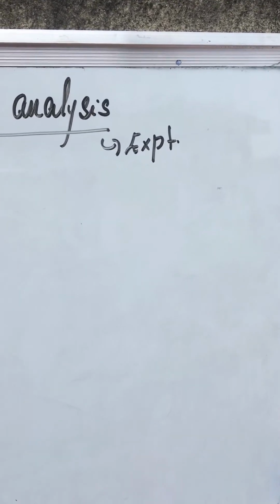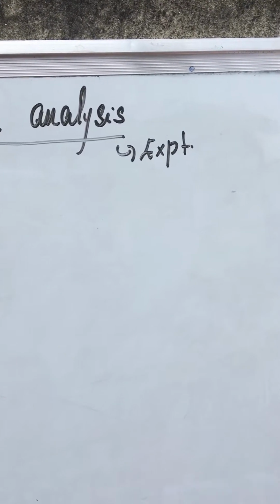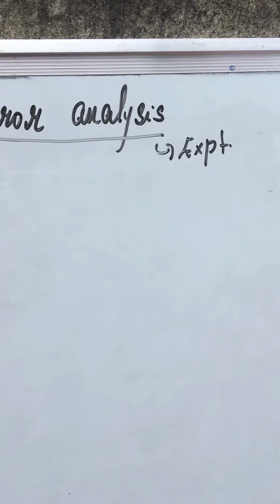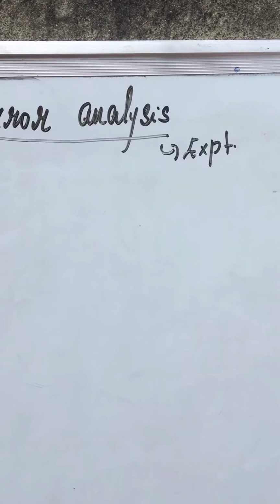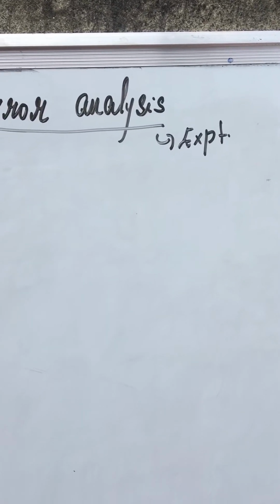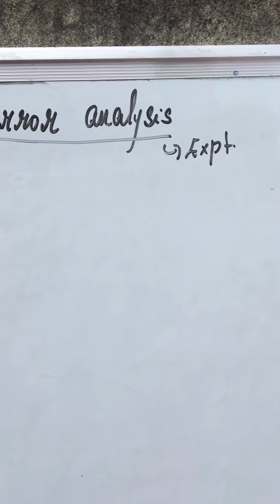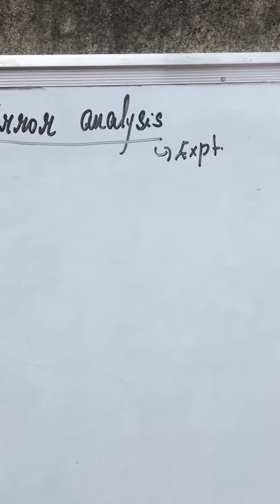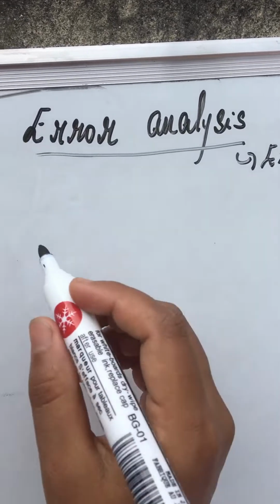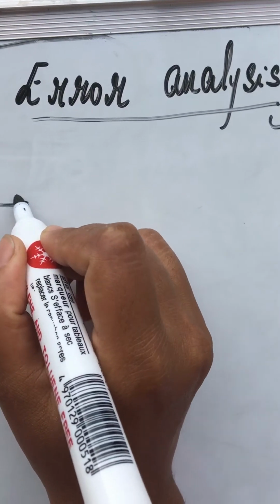So what are the errors that can be involved in performing an experiment? We are not going into the detailed part, only what we basically need for now.